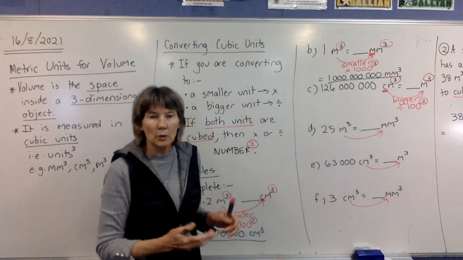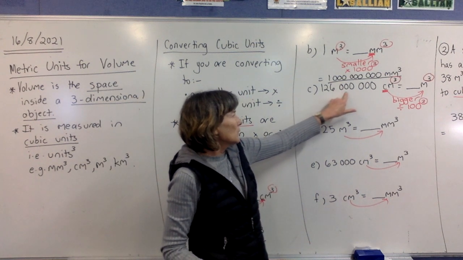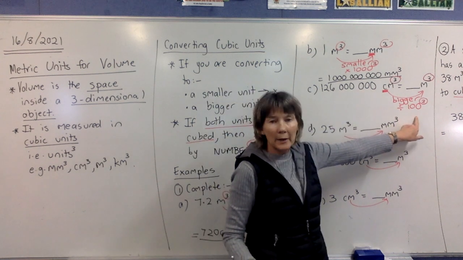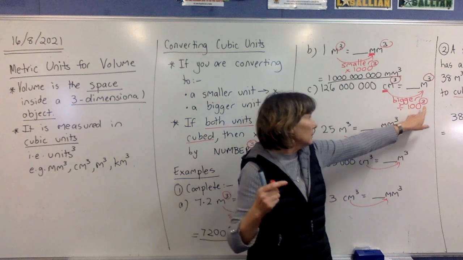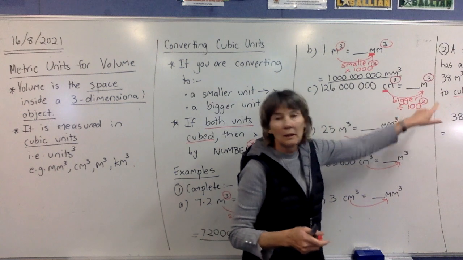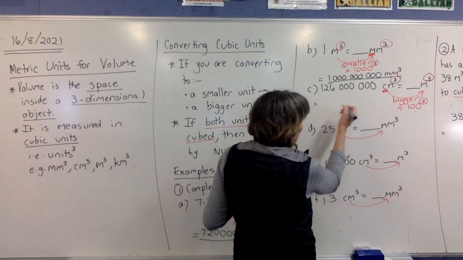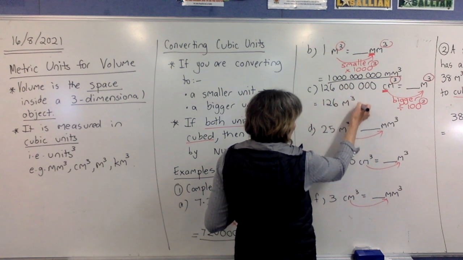So again, you just do it on your calculator like I just showed you. 126,000,000 divided by 100. Press that button at the top, the power button, then the 3. Make sure it looks like that. Then press equals. And your answer should be that.